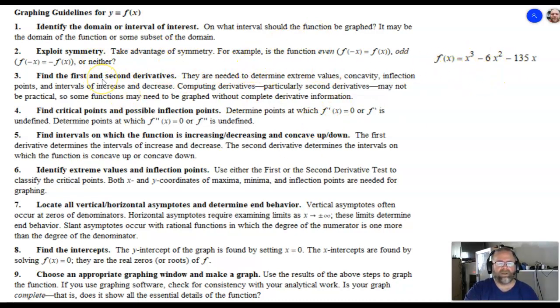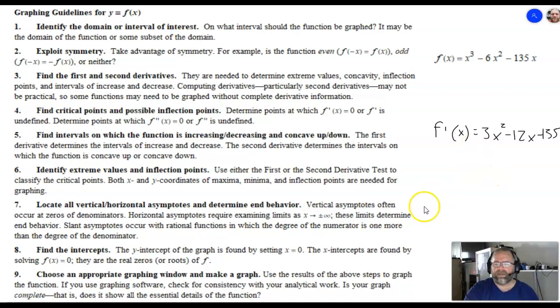All right, it says first find the first and second derivatives. So I'm going to give myself some space here. And let's do the first derivative. The first derivative, f prime of x, just using the power rule, is 3x squared minus 12x minus 135.